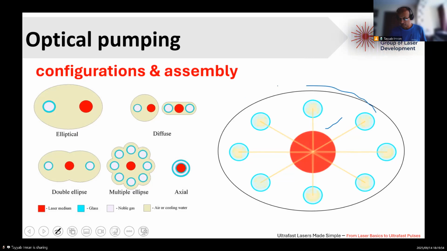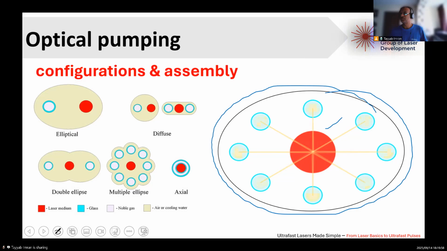and these are all flash lamps, and the light is focused on the laser medium, which is the rod. It can be a crystal or something like this, but in the case of Nd:YAG, usually it's a rod.